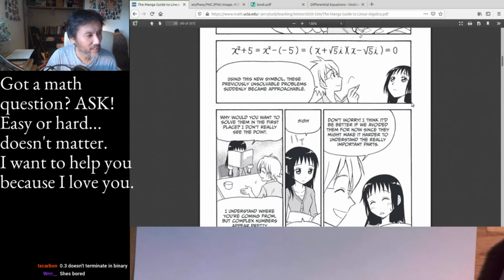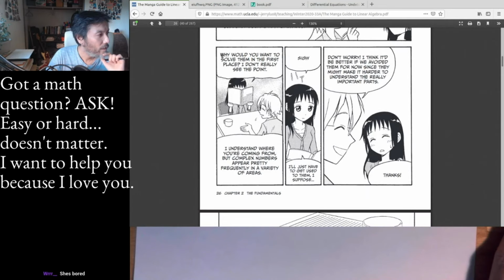I know, look at her, she's bored. I don't know, she might look a little thoughtful here, I'm not sure. Trying to make sense of it. Why would you want to solve them in the first place? I don't really see the point. I understand where you're coming from, but complex numbers appear pretty frequently in a variety of areas.